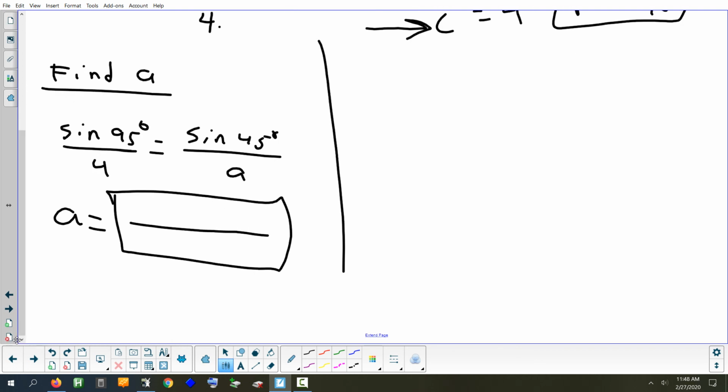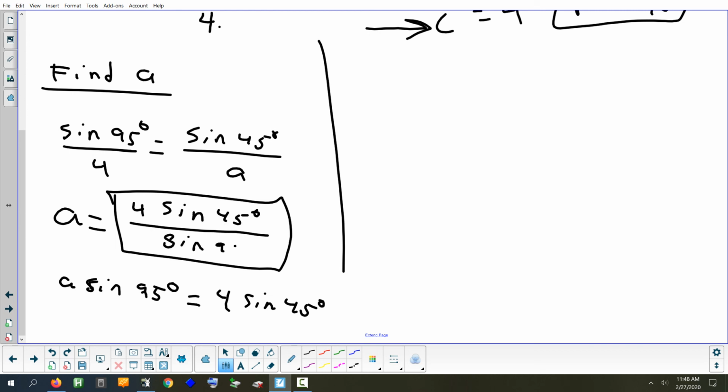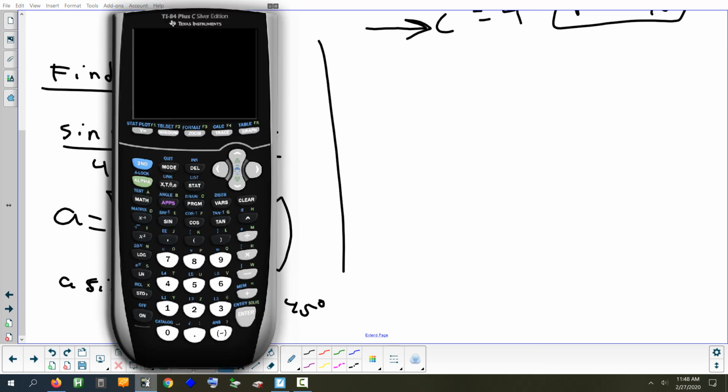Well, let's do it in 2 steps. A sine 95, and then 4 sine 45. And now how would you get A by itself? You divide by sine 95. Yeah, exactly. So you'd have 4 sine 45 over sine 95. And that's your A. Yep, good job.